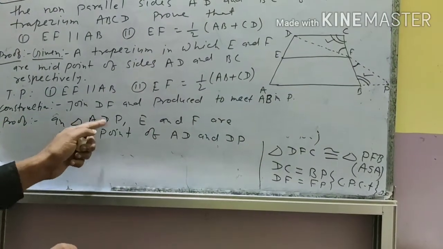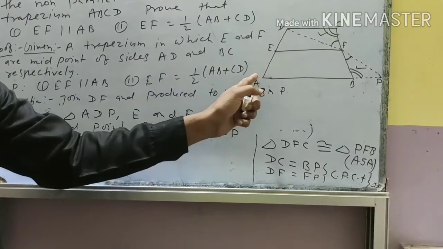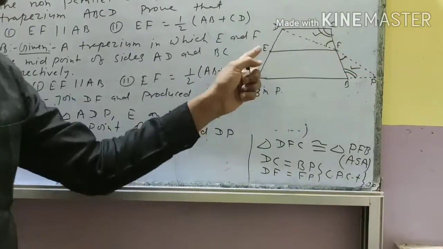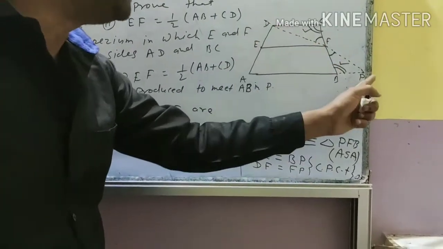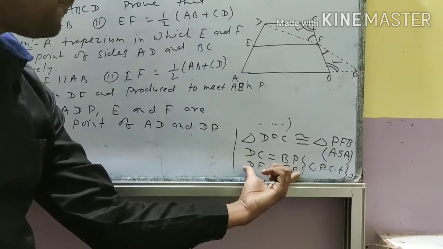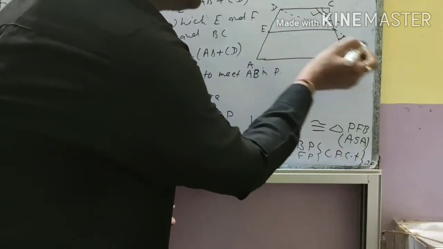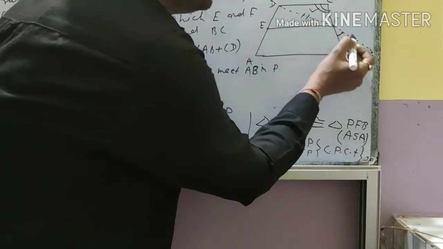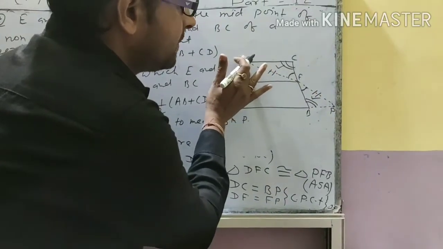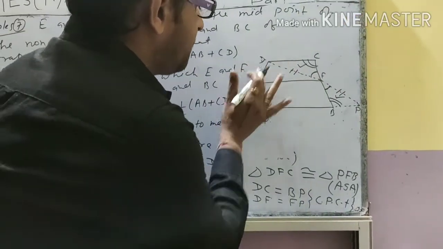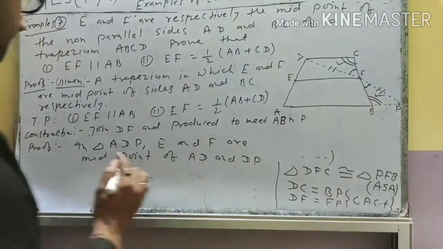Here I have proved DF is equal to FP, that means this side is equal to this side. So F is the midpoint of DP and E is the midpoint of AD. So here the midpoint theorem exists.